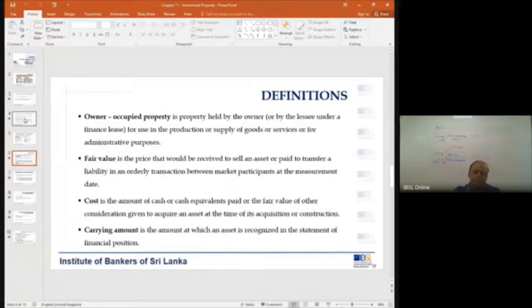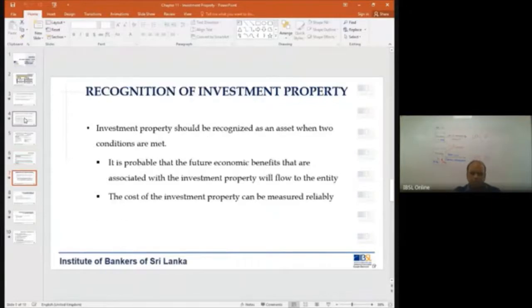Then here there were some definitions, which is already done under PPE. I don't want to go into details again. Then when you recognize an investment property, like the PPE, you can recognize it under two instances, where it is probable that the future economic benefits associated with the property will flow to the entity.